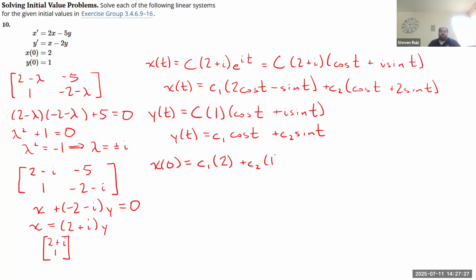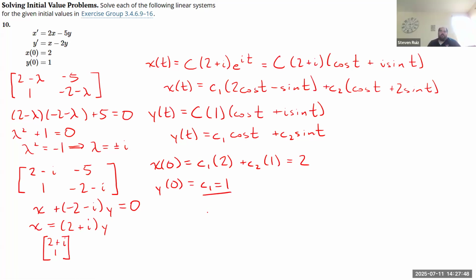So plus c2 times 1 equals 2. And then y of 0 equals c1 cosine of 0, which is c1, plus c2 sine of 0, which is 0. So c1 equals 1. So I got one of them for free.